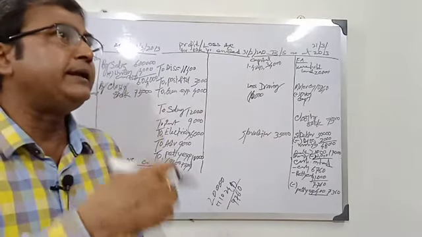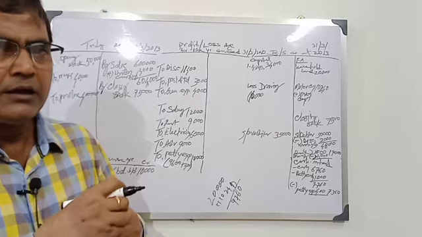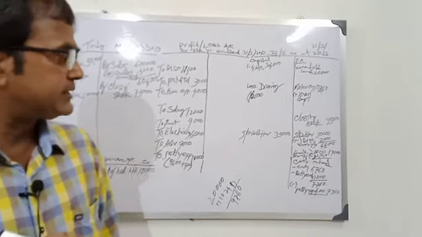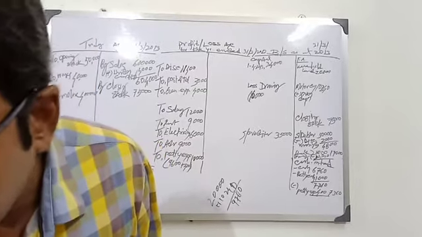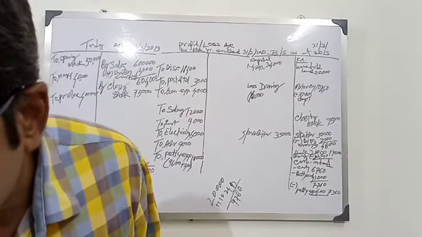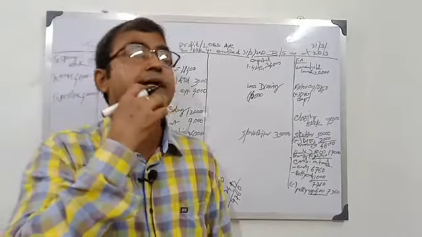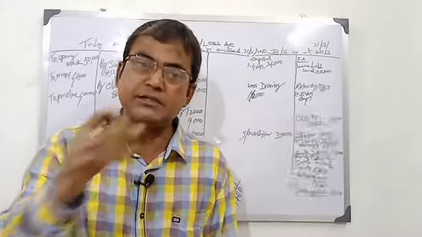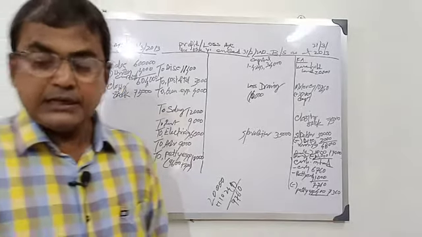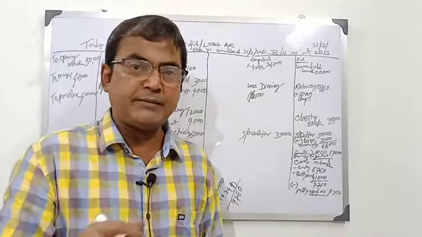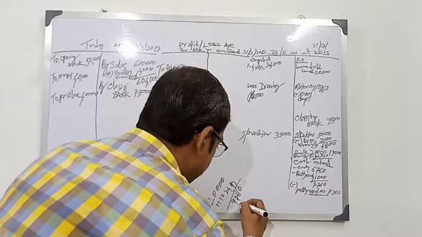Now, what should have been the depreciation for all three years? Depreciation should have been 20,000 into 6%, which is 1200, so 1200 into 3 years is 3600.